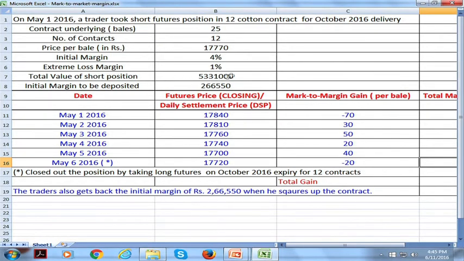So, total value of the short position is 5,53,31,000. And how much margin is to be deposited? Margin to be deposited is 5% of this value. Now, by end of May 1st, the cotton contract for October delivery closed at 17,840.